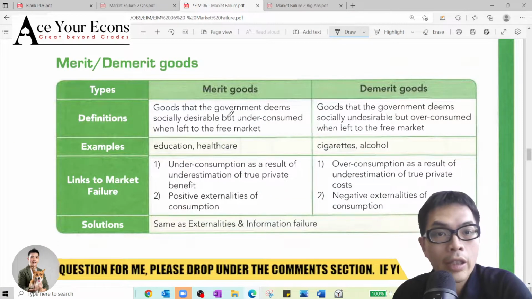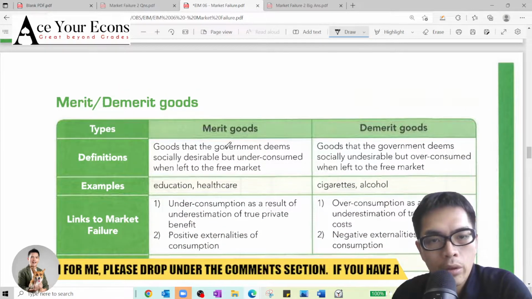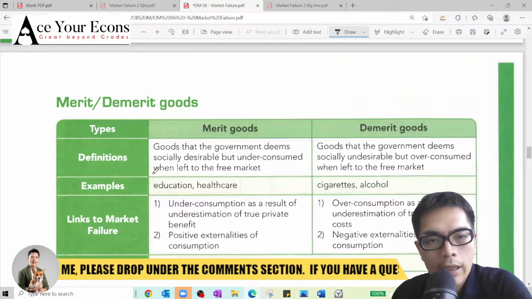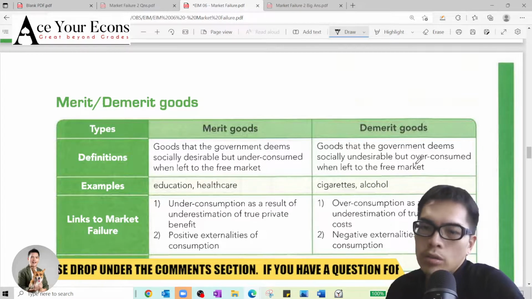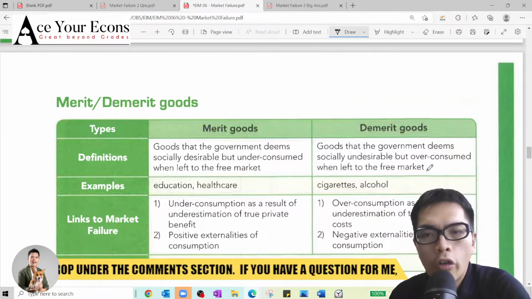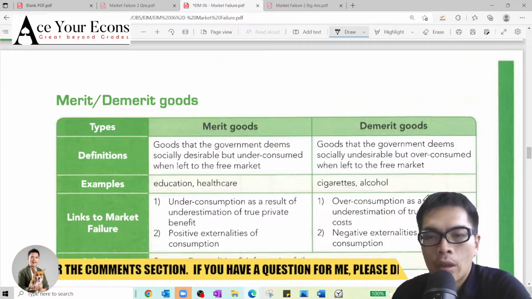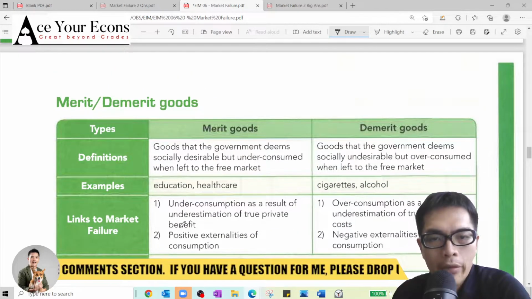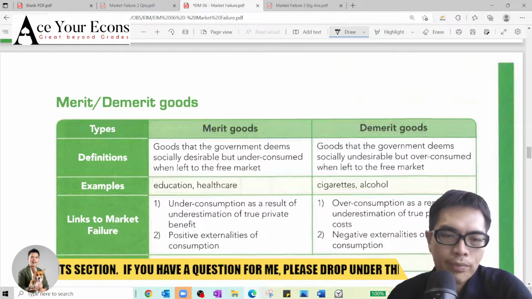Let's look at the definition first. Merit goods are goods that are deemed socially desirable but under-consumed. Demerit goods are socially undesirable but over-consumed. To constitute a merit good or a demerit good, two conditions must be present.